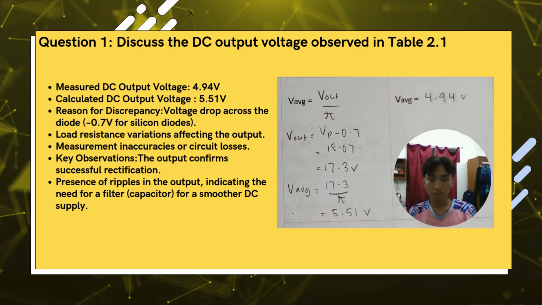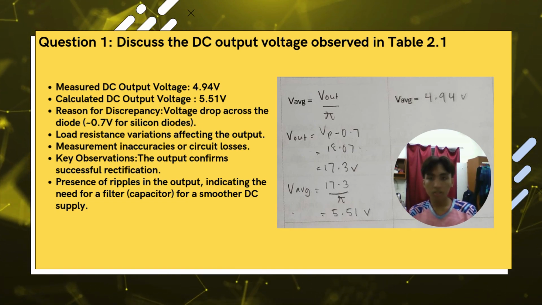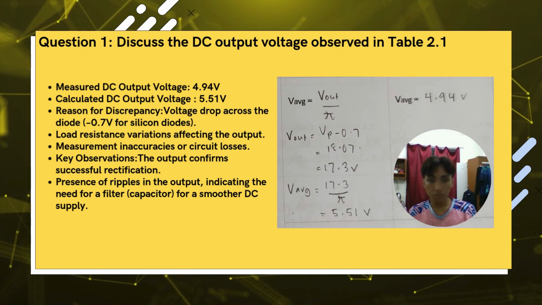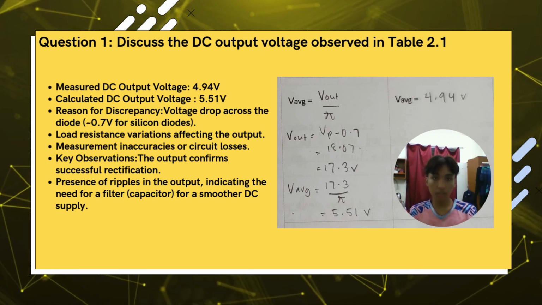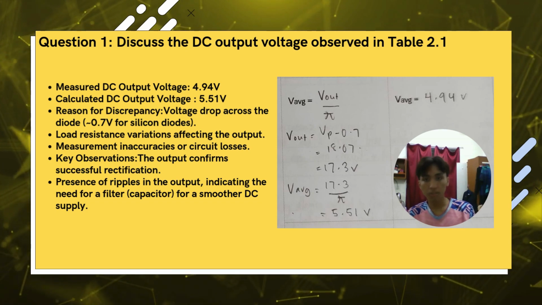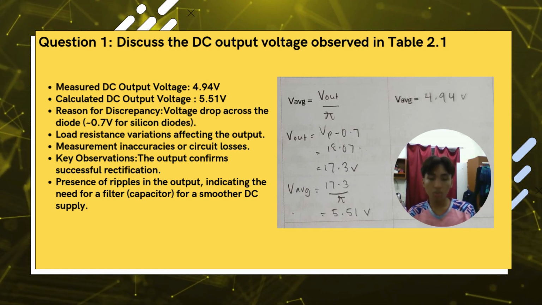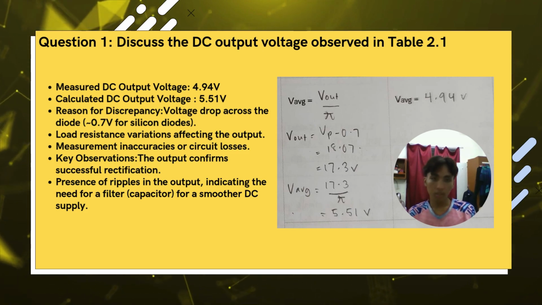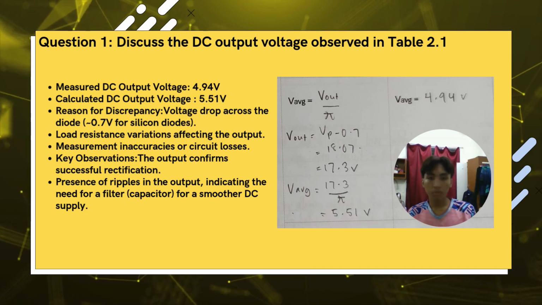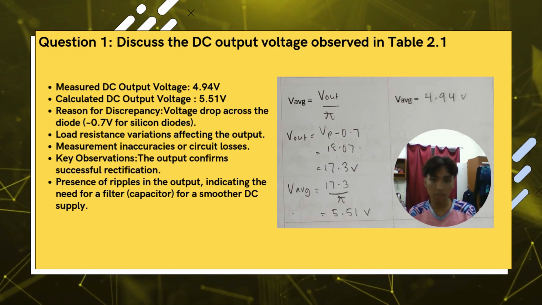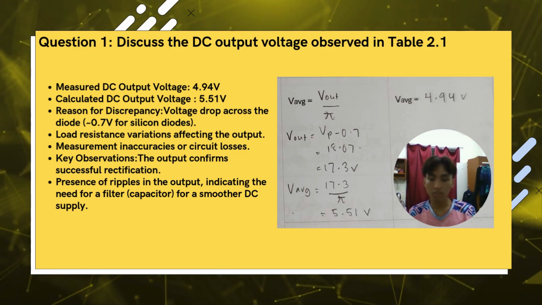So the reason for the difference in value between the calculated and the measured value is because of the voltage drop. Also, the load resistance affects the output voltage, which may also be caused by measurement inaccuracy or circuit loss.